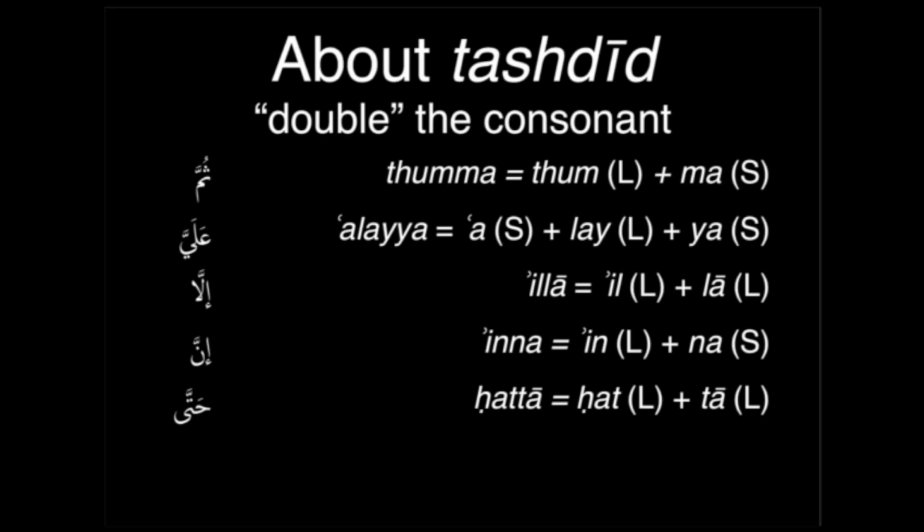There's another example like alayya, which is three syllables. The first syllable being a, then lay, then ya. Alayya. Illa is two long syllables. The first is il plus la. Same thing, inna is long and short. Inna. And hatta is long plus long. Hatta.